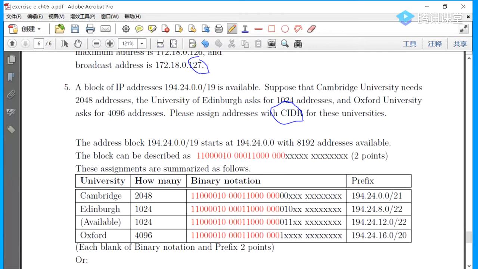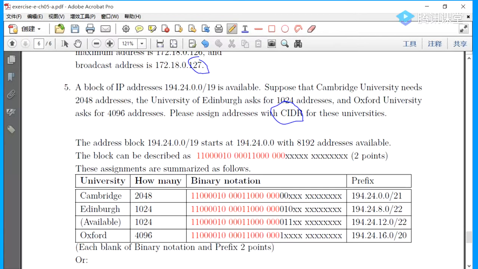So, a block of IP addresses, 194.24.0.0/19, is available.